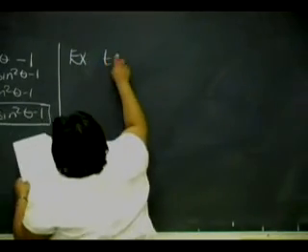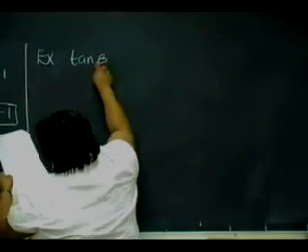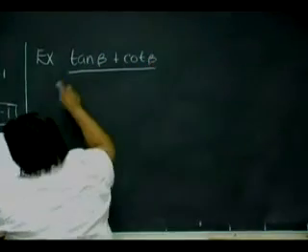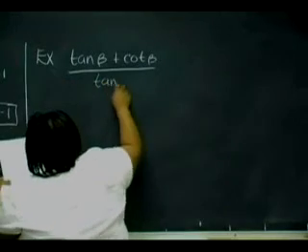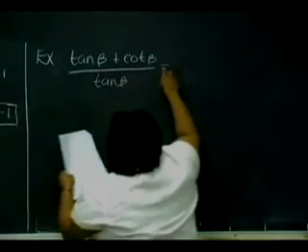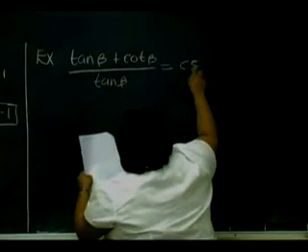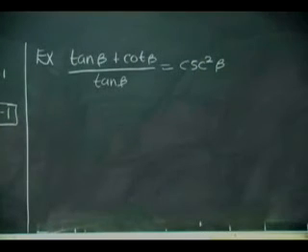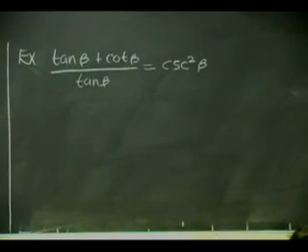We have tangent beta plus cotangent beta divided by tangent beta equals cosecant squared beta. So how do we start this problem?